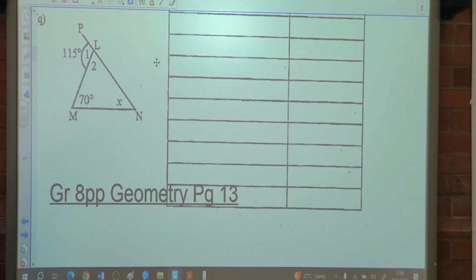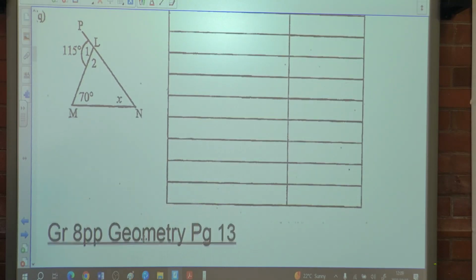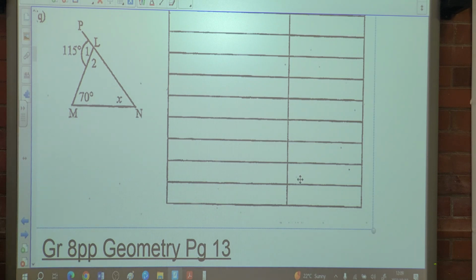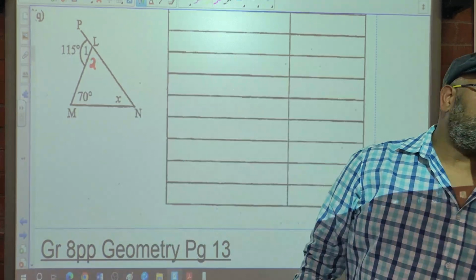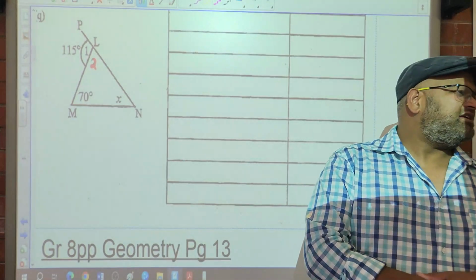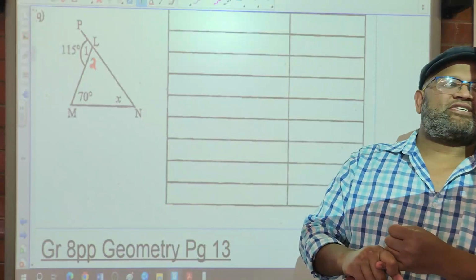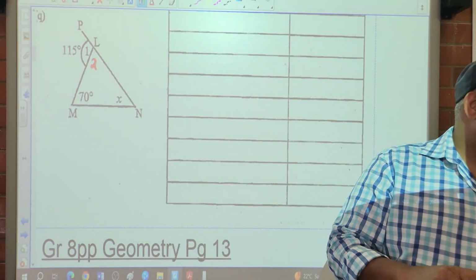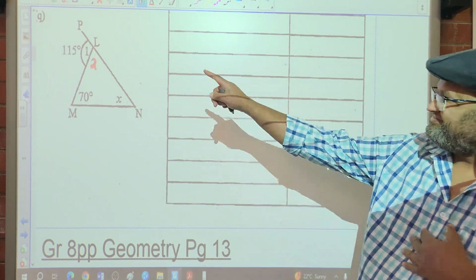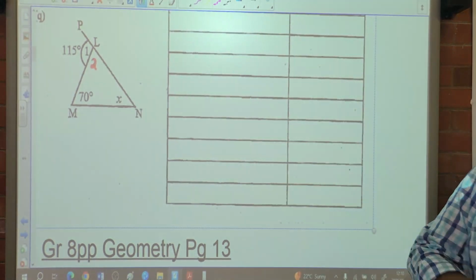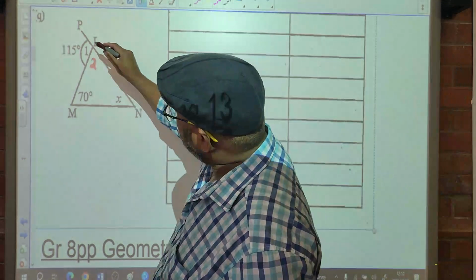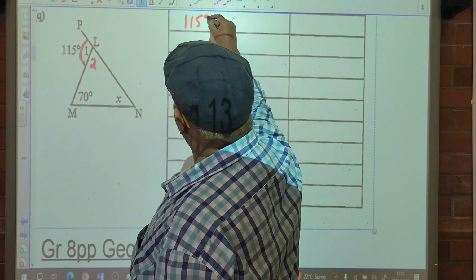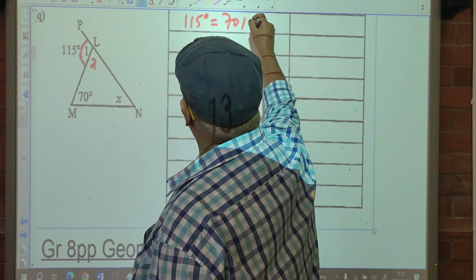Look at Q. Is that also the case of exterior angle equal to the sum of the two interior opposite angles? Yes. So why do we need this L2 here? No. Although it's on the diagram, we're not going to calculate it. Why? Because the question says I must calculate the unknown lowercase letters and the Greek letters, not so. Because they didn't ask us with regards to L2, I'm not going to calculate it. Does it make sense? So what do we say? 115 degrees is equal to 70 degrees plus x.